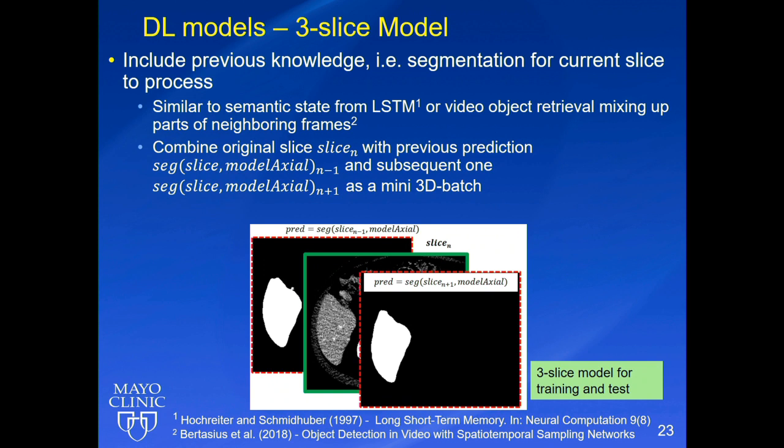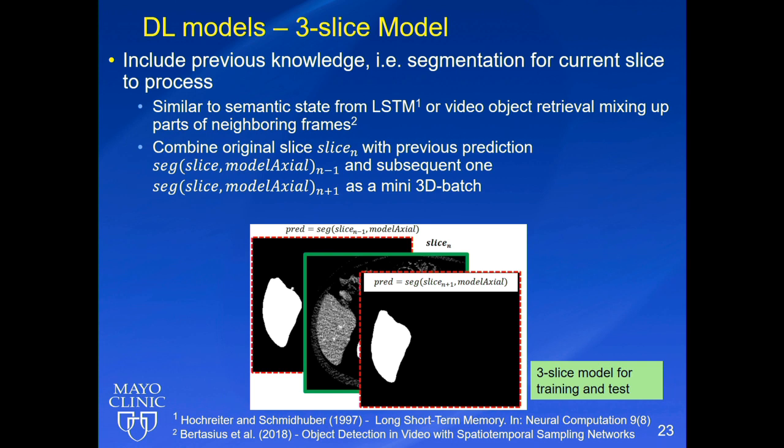Yeah, and the last idea we had in mind was how to incorporate a mini-batch. If we have some prediction for the previous and the subsequent slice, does this help improve the accuracy of the current axial slice?